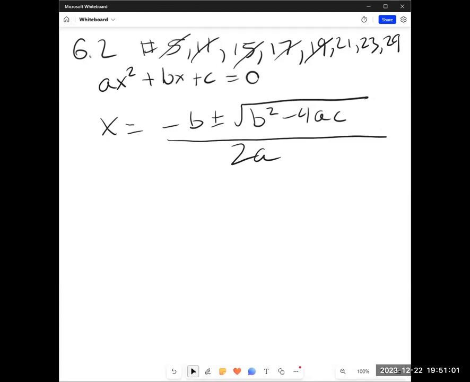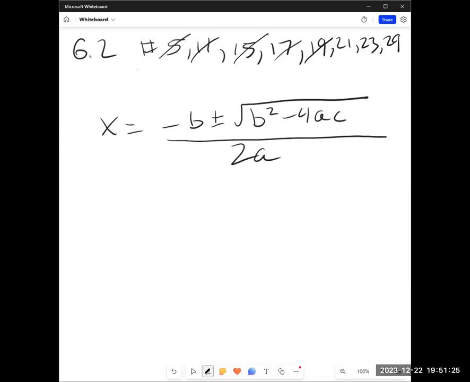We're not going to be doing much of that in this class. That's more something that you would be doing if you were taking Math 161. But just so you know, it's called the quadratic formula because an equation in the form ax squared plus bx plus c equals 0 is called a quadratic equation. So this is the quadratic formula.